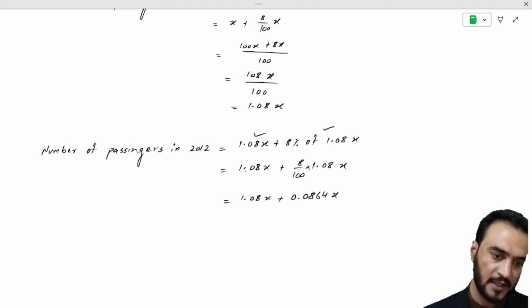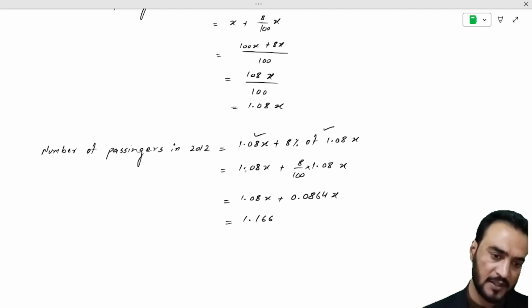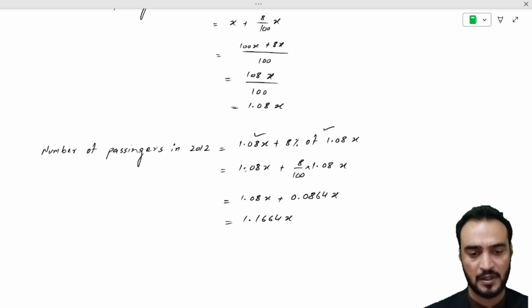Adding these two values, we get 1.1664 times x. This is the number of passengers in 2012.